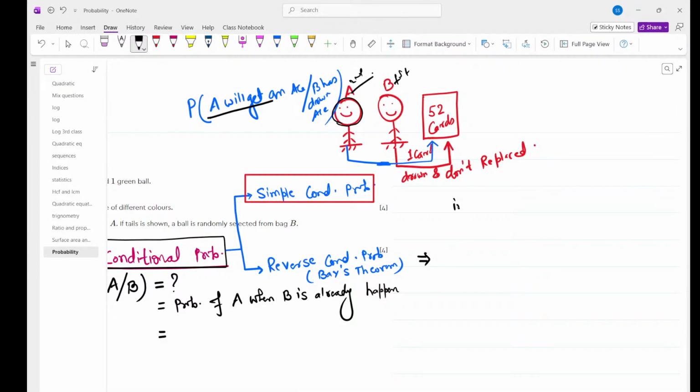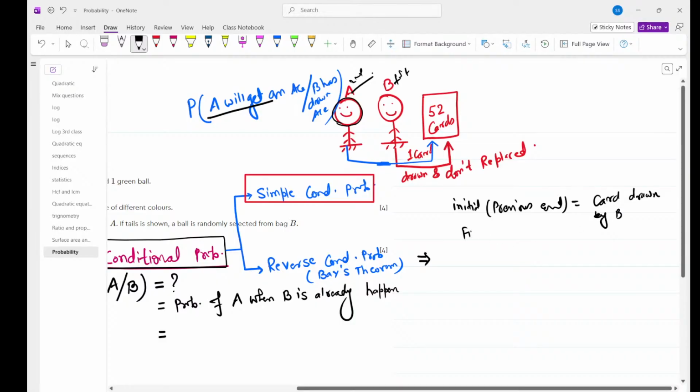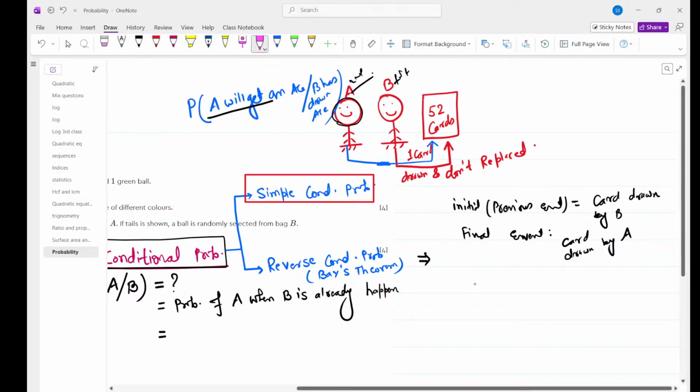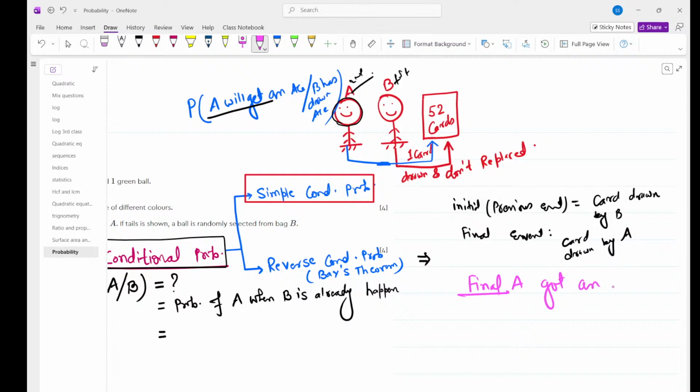My previous event is the card drawn by B. My final event is the card drawn by A. This time I'm giving you that finally A got an ace.